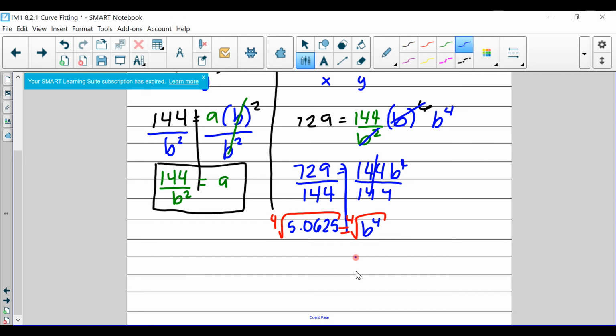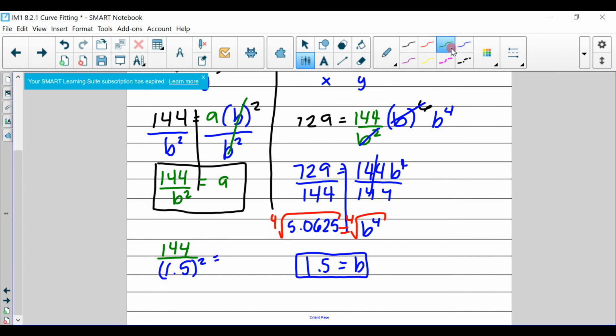So then we've got B is equal to 1.5. And again, I'm sorry we're not there yet. We're almost done. We're going to need to put that B value back into the A value. We got 144 divided by B squared. Instead of B squared, we're going to write 1.5 squared.